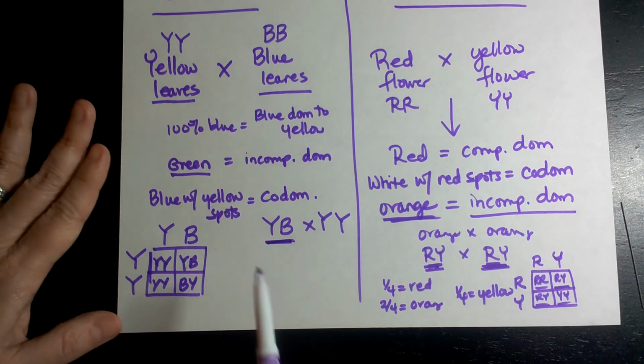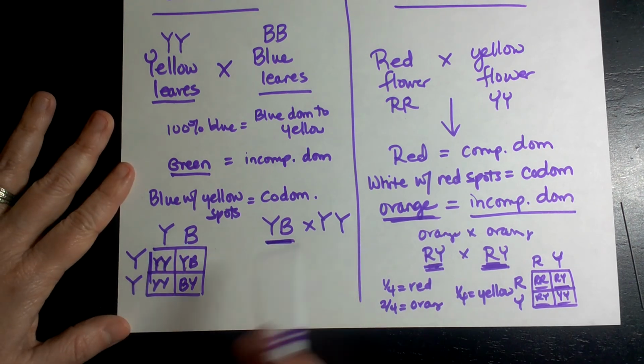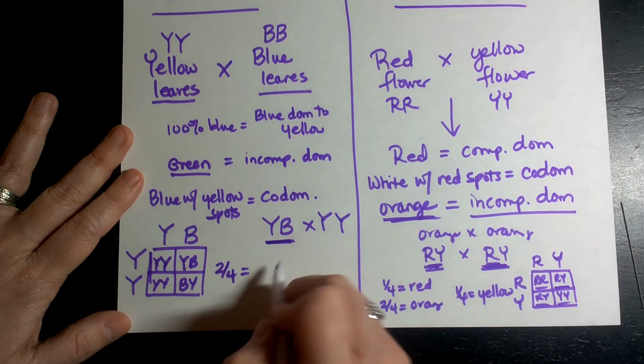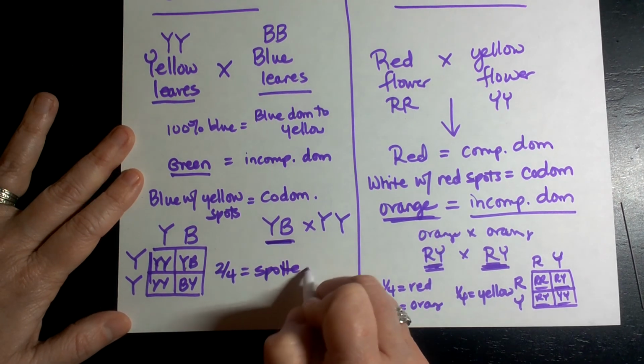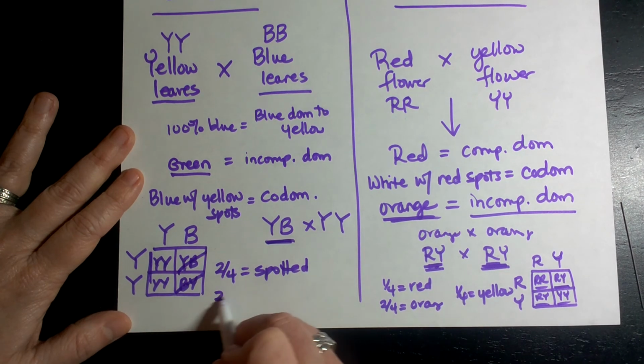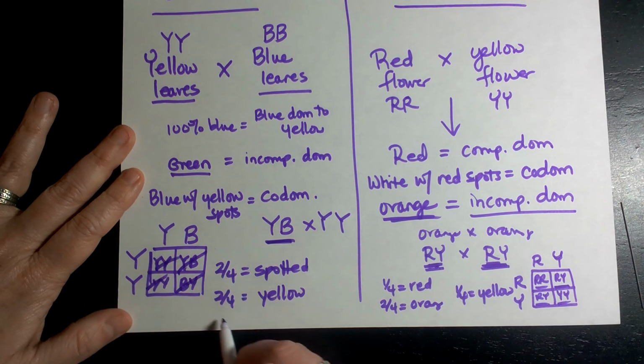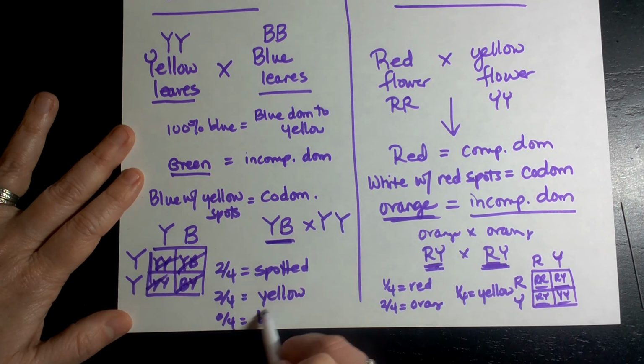You can say that if these two plants were crossed and pollinated and bred, then 2 out of 4 would be spotted, which would be that one, and then 2 out of 4 chance would be yellow. Okay, and then it would be 0 out of 4 chance for blue.